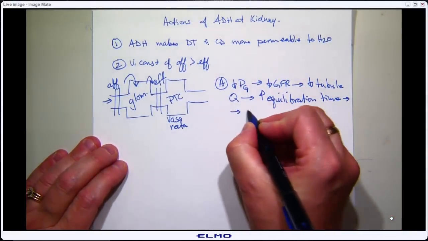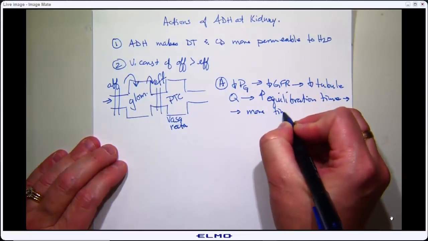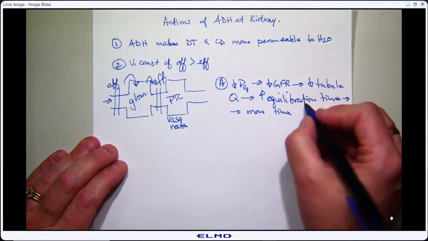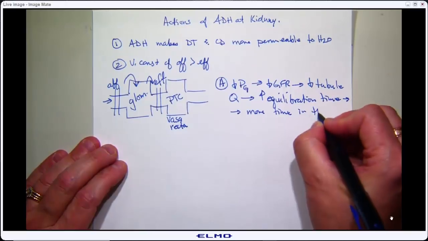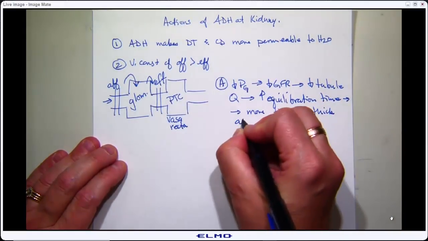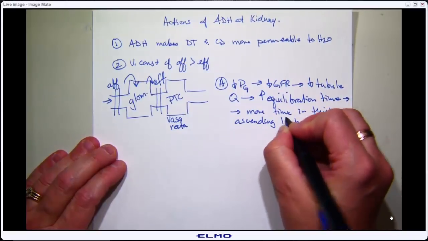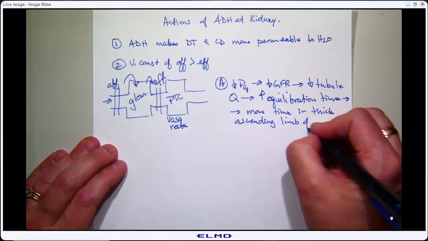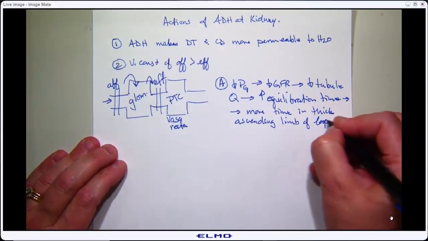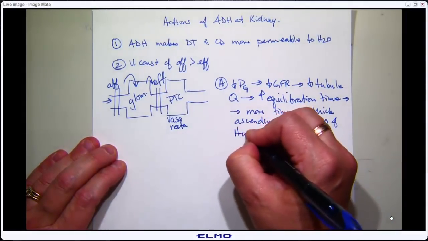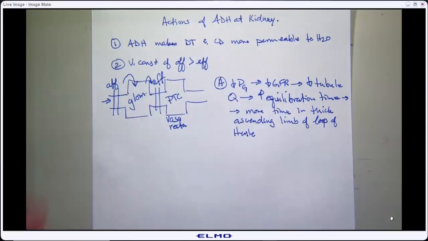So now I'm going to spend more time in the thick ascending limb of the loop of Henle. All right, so I'm going to be spending more time there, which means I'm going to be able to remove more sodium, more chloride, and more potassium.